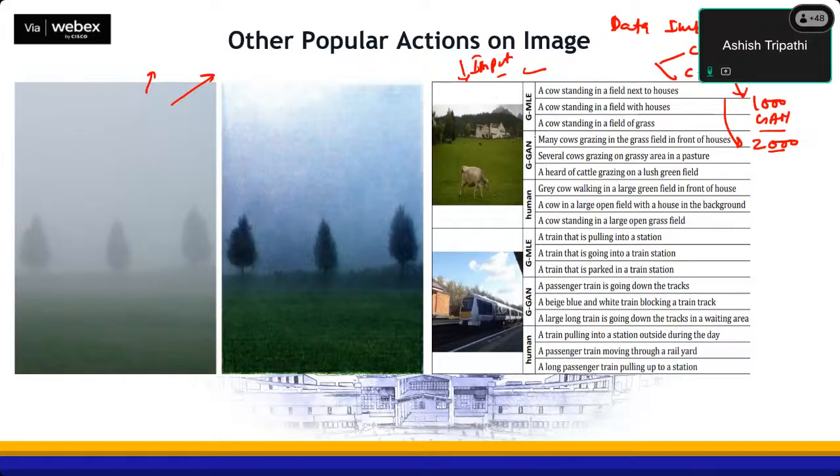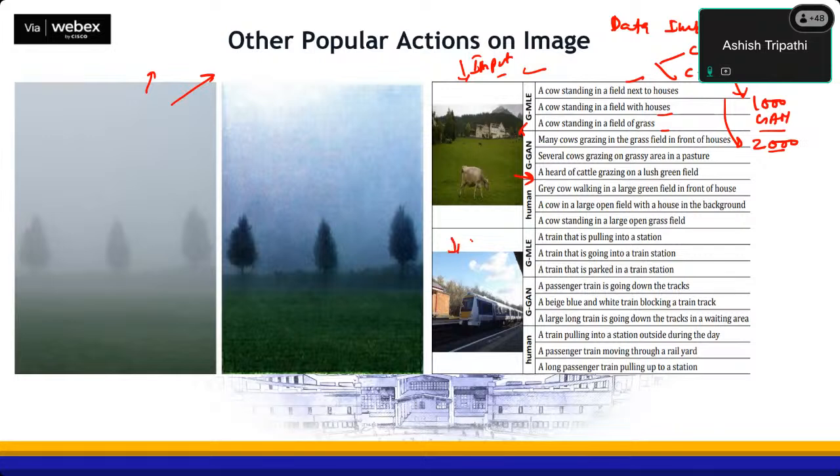These are the descriptions from two types of GAN: a cow is standing in the field next to the house, a cow is standing in the field with the house, a cow is standing in a field of grass. So these are some of the image descriptions that the AI based models are giving, and this is the human image caption: gray cow walking in a large green field in front of house. So using the GAN, we can also do image descriptions.